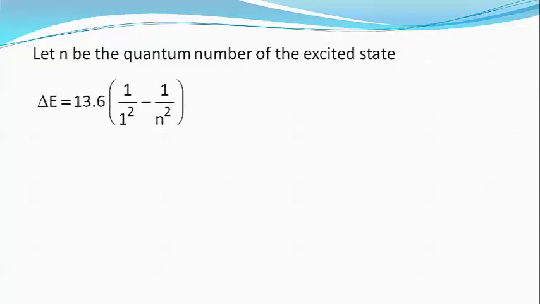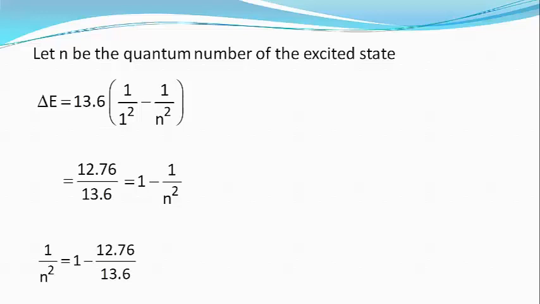Then delta E equals 13.6 times (1 by 1 square minus 1 by n square), or 12.76 divided by 13.6 equals 1 minus 1 by n square, or 1 by n square equals 1 minus 12.76 divided by 13.6, which equals 0.84 divided by 13.6, or n square equals 13.6 divided by 0.84, which equals 16.19, or n equals 4.